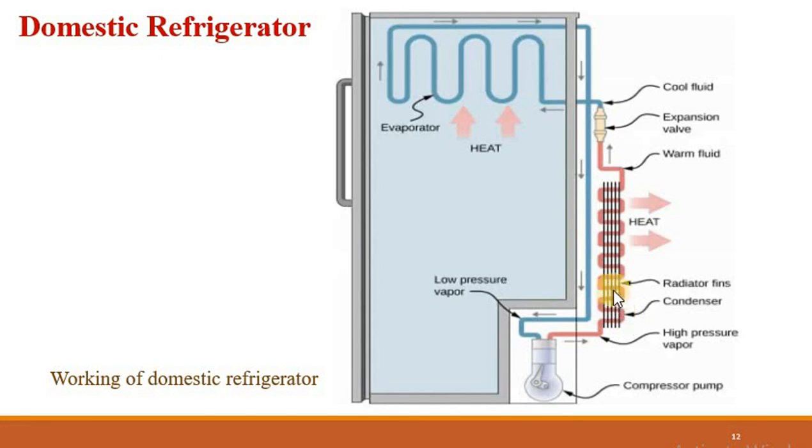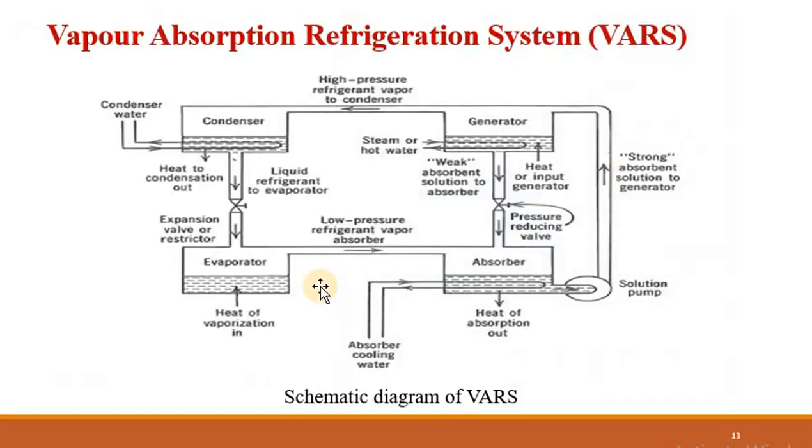Then it is cooled with the help of environmental air, and then it moves to the expansion valve. Normally in domestic refrigerators, capillary tubes are used as the expansion valve, and the cycle goes on.